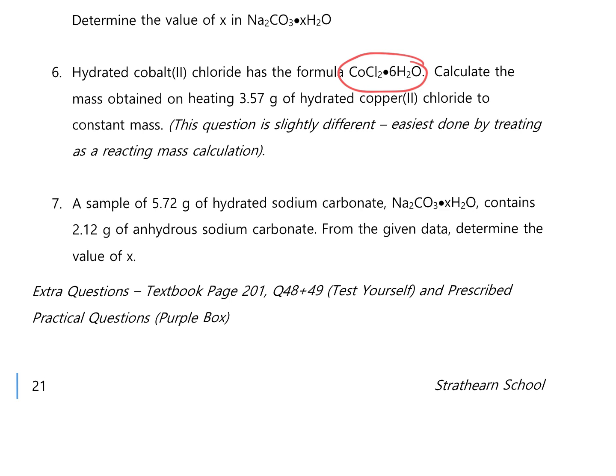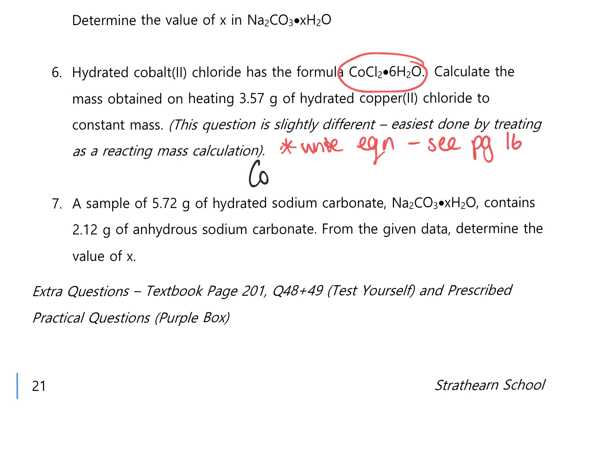So write an equation, and see page 16 to help you with that. On page 16 you'll see the equation written for copper sulfate dehydrating, the water being removed, but you just change this for cobalt chloride.